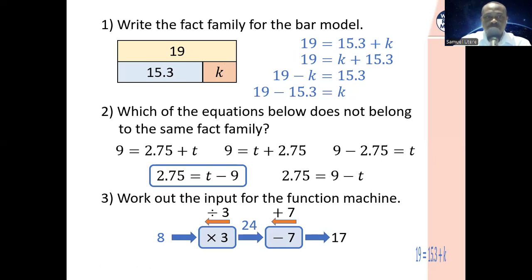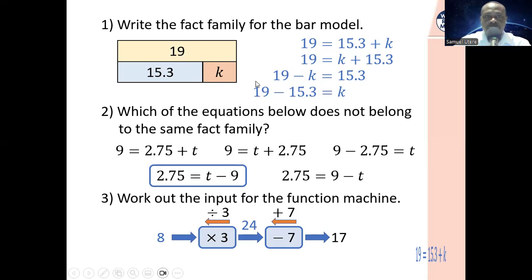What about the subtraction facts? If we have the bar for 19 and we slice off this bit for K, we're left with 15.3. So that's what's written here as an equation: 19 minus K is equal to 15.3.